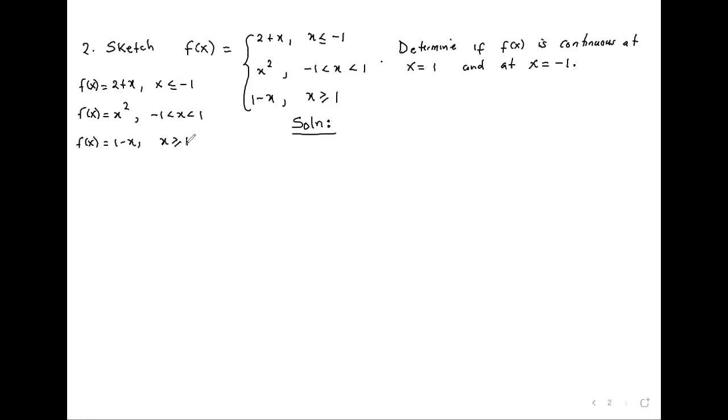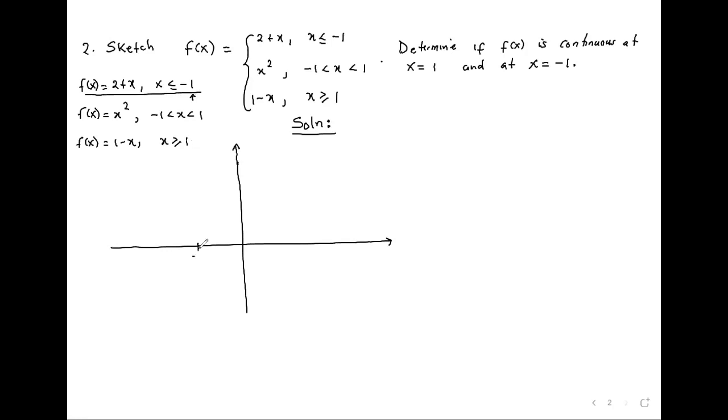So we start. We sketch the first function, this one here. So we have the graph put here. This function has values of x that are less or equal to -1.